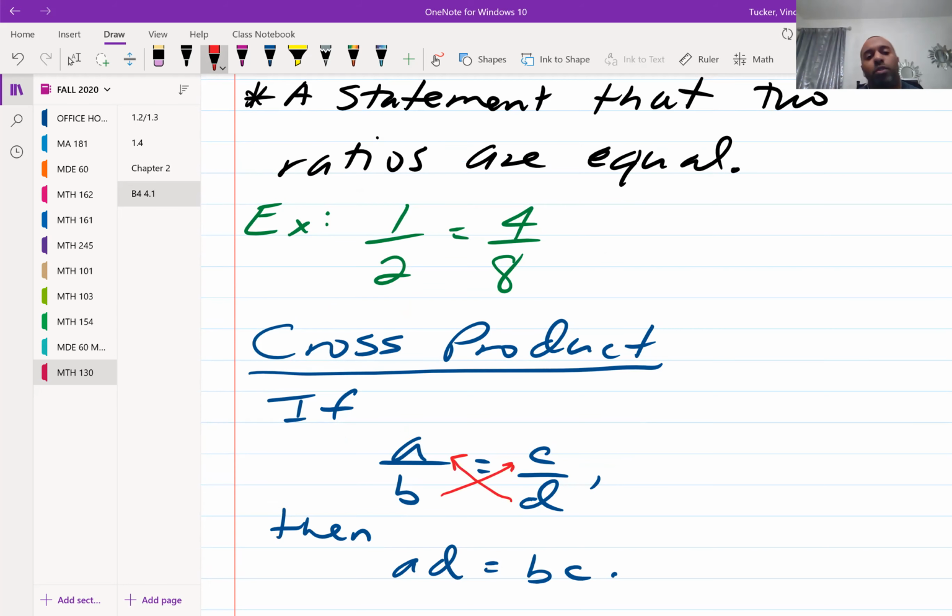All right, so the way we can test if we have an actual proportion is by using the cross product. Cross product says if I have A over B equal to C over D, I would take my denominators up to the opposite numerator and multiply, and if those numbers are equal, then I do have an actual proportion.